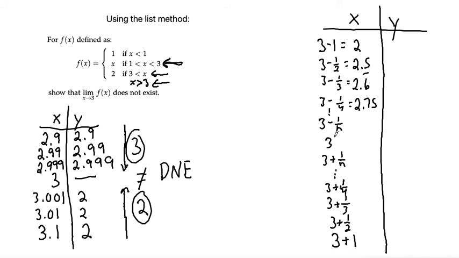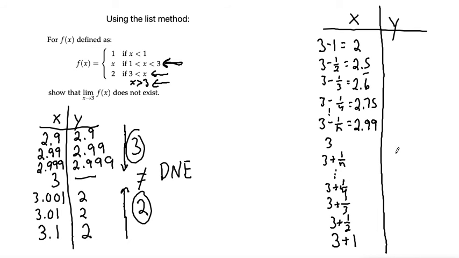But in order to evaluate that, we would need to choose a value for n. If we assume that n is pretty large, we could call it maybe 100. So if n is 100, then 3 minus 1 over 100 would be 3 minus 0.01, which would be 2.99. Similarly, we could do the same thing down here, but because these values are always 2, it doesn't really matter what these numbers are.